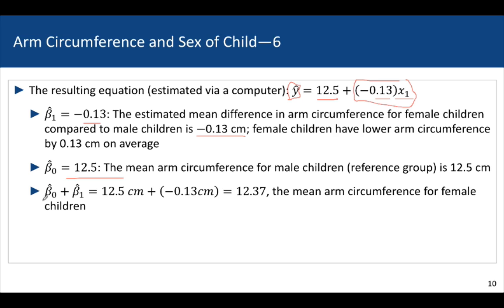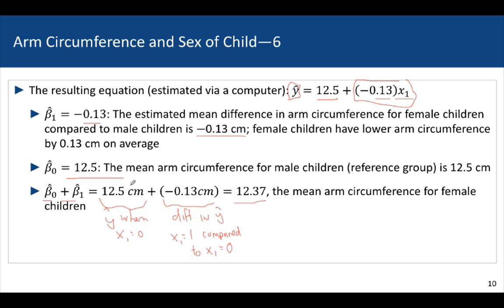And then if I take the sum of the intercept plus the slope, the mean for males when x1 equals 0 plus the difference in the mean for when x1 equals 1 compared to x1 equals 0, the resulting sum is 12.37.